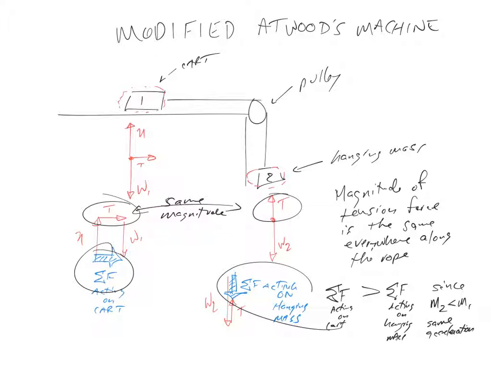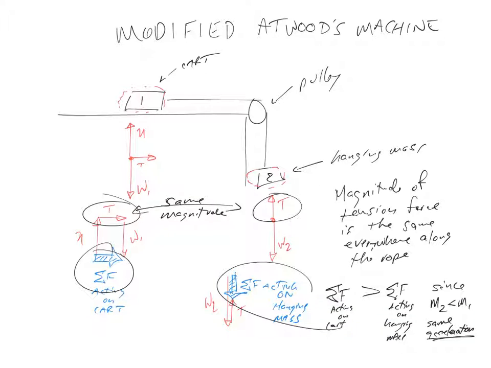Because for two objects with different mass to have the same acceleration, the one with less mass, probably the hanging mass, is going to require less total force to yield the same acceleration as the cart.